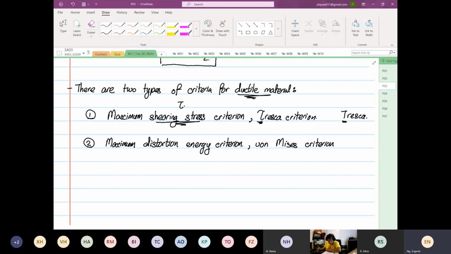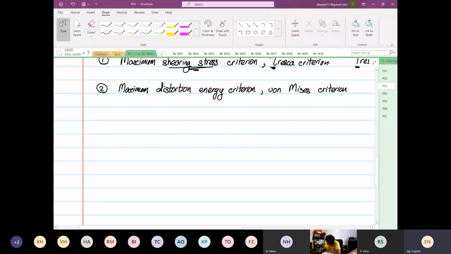Right. So let's look at maximum shearing stress criteria. Right.